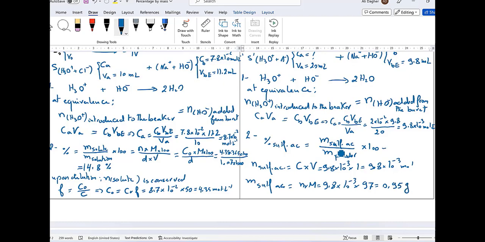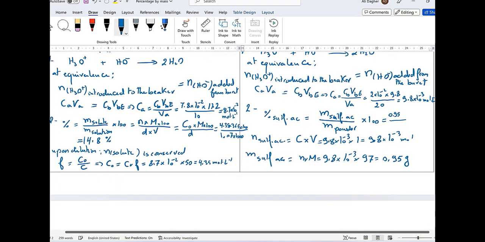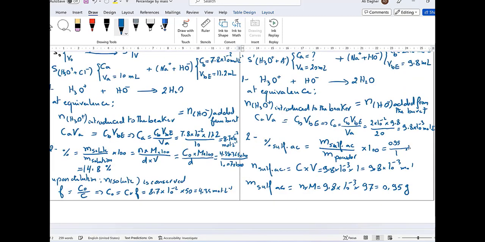Now the percentage by mass of sulfamic acid equal mass of sulfamic acid over mass of powder. Mass of sulfamic acid is 0.95. Mass of powder equal to 1 gram, over 1 times 100 equal 95%.